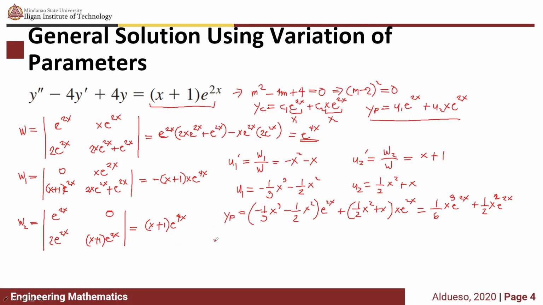So our general solution is equivalent to the complementary solution plus the particular solution. So we have c1 e to the 2x plus c2 x e to the 2x plus 1/6 x cubed e to the 2x plus 1/2 x squared e to the 2x.